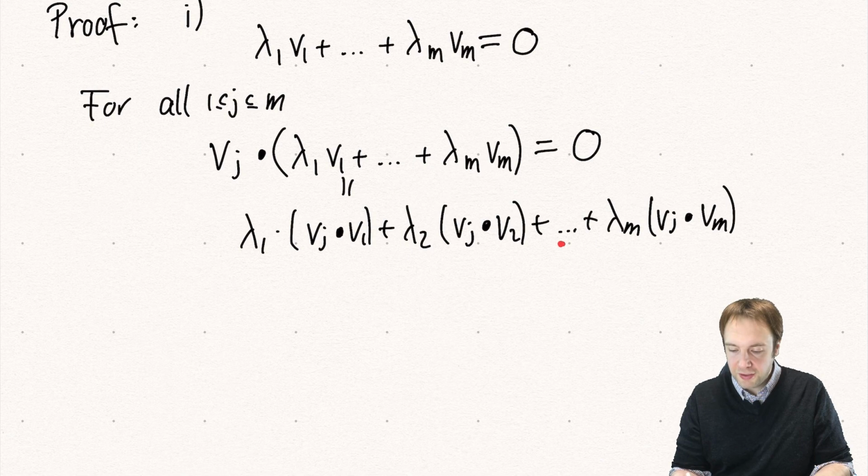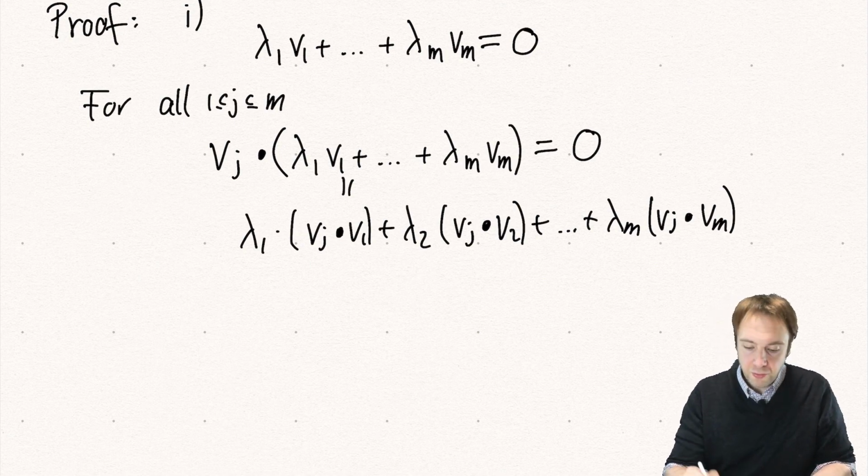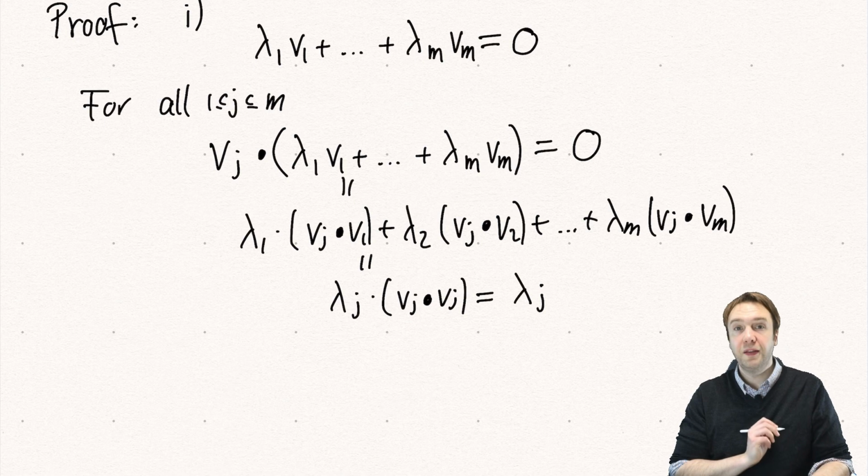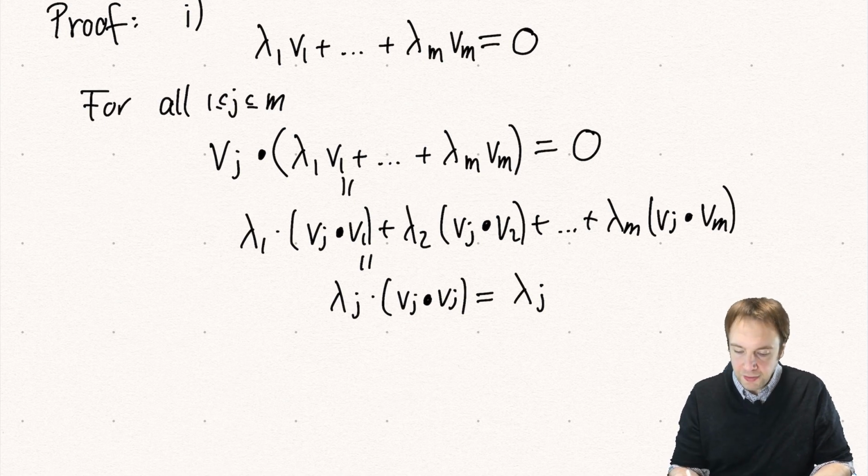But at just one point we get the dot product of vj with vj, which is 1. So the only remaining part is lambda j times vj dot product vj, which is 1. So the result is just lambda j, and therefore lambda j equals 0.